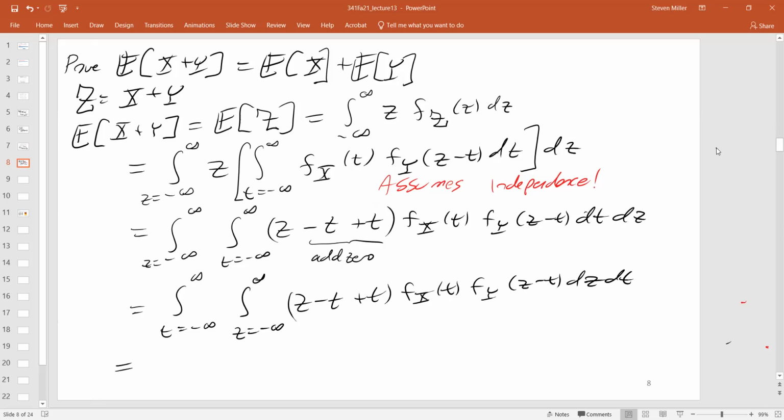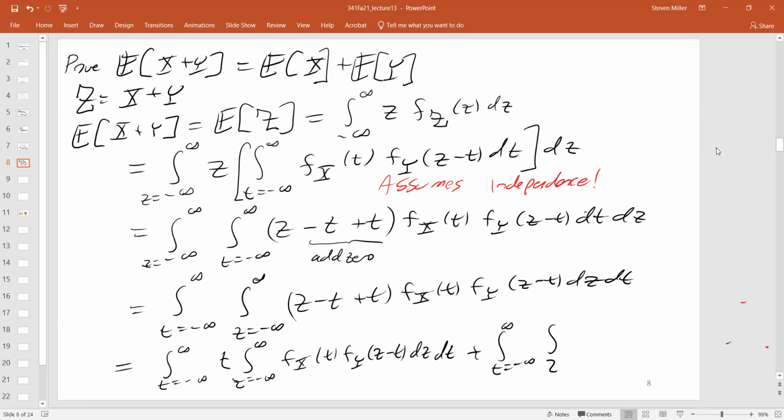And now I can break this up into two different integrals to do. So the first is, t goes from minus infinity to infinity, integral z goes from minus infinity to infinity, t fx of t fy of z minus t dz dt, plus the integral t goes from minus infinity to infinity, integral z goes from minus infinity to infinity, z minus t.